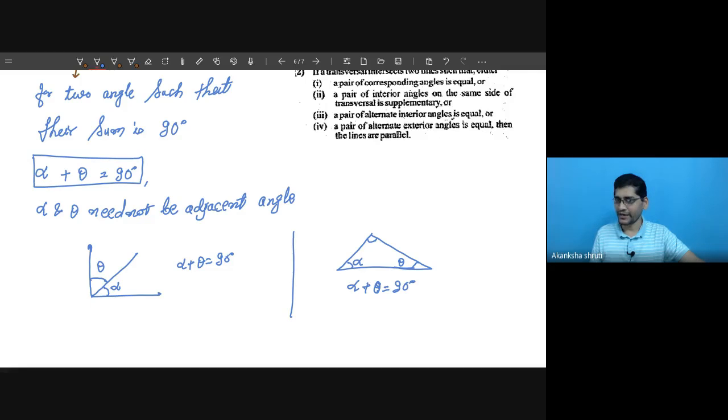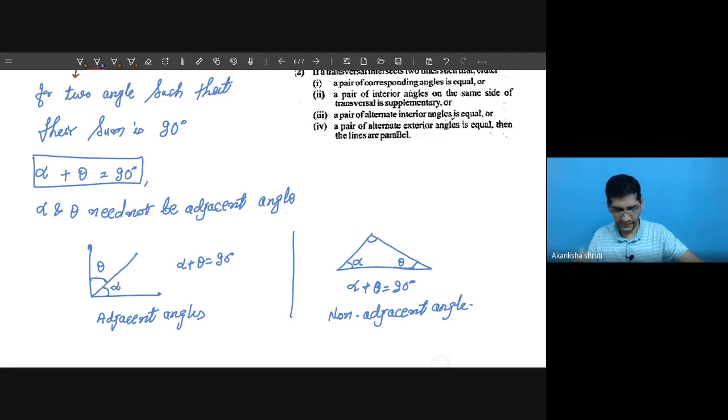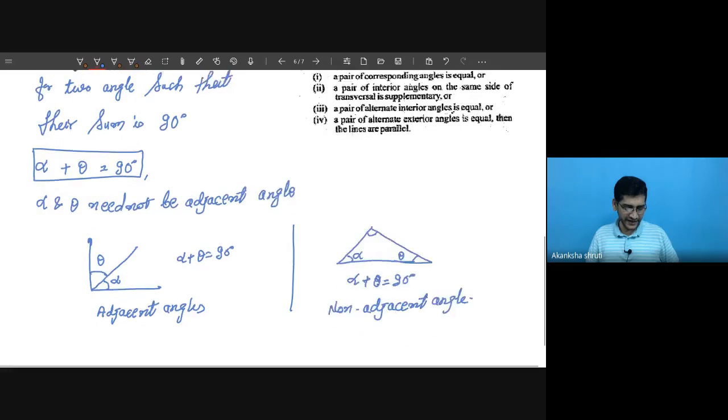These two angles may be adjacent or may not be. In this case, this is adjacent, and in this second case, this is non-adjacent. So the questions are also very easy.